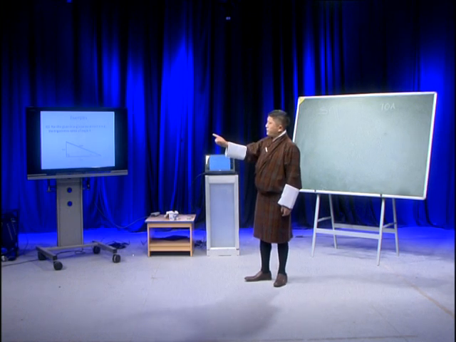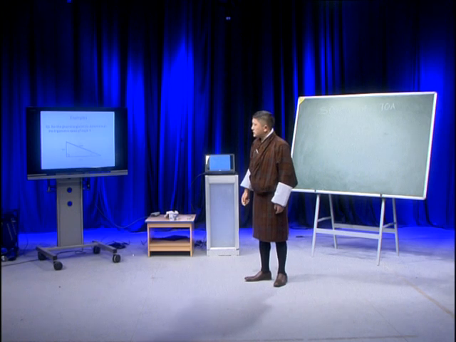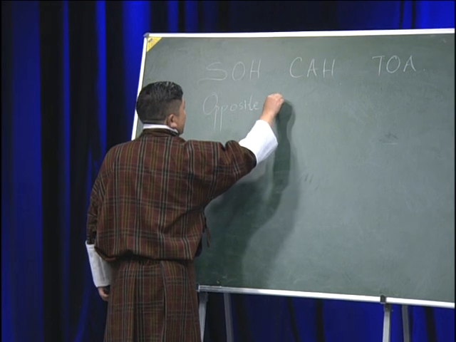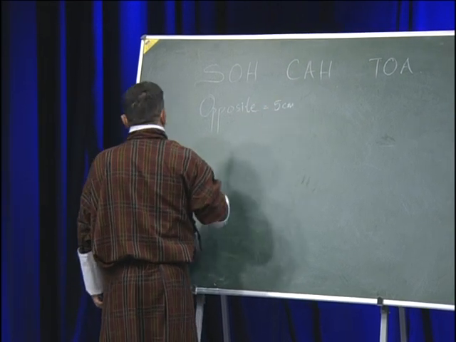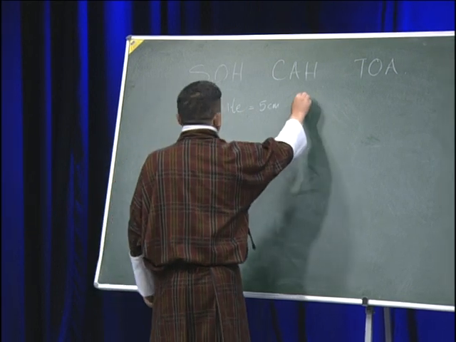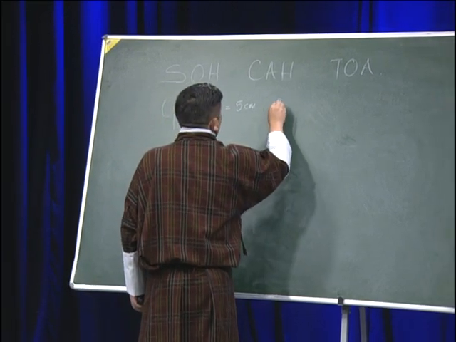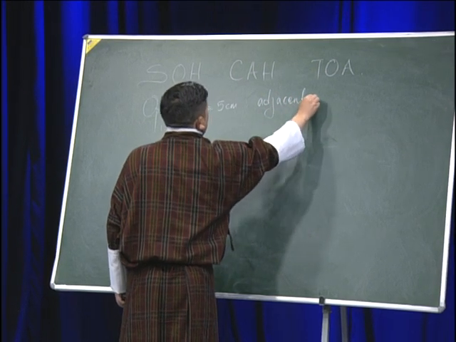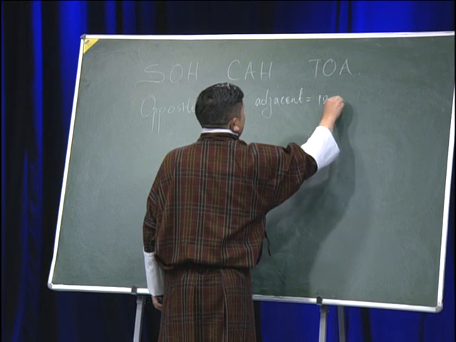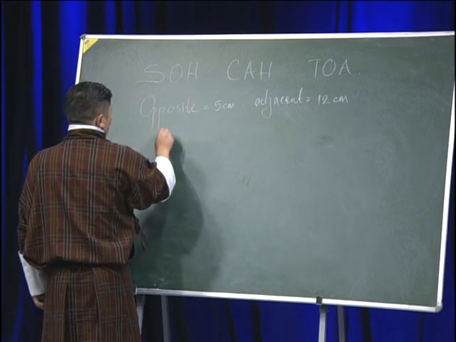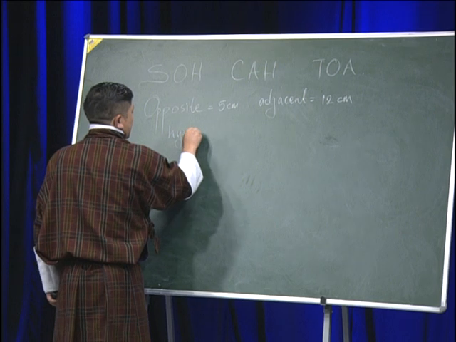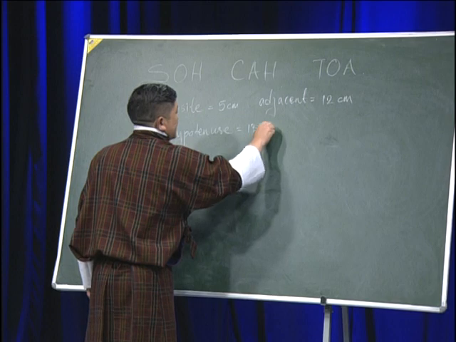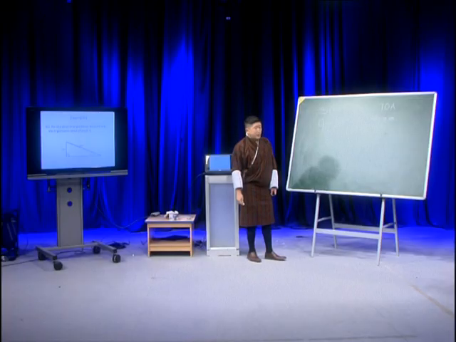Your opposite is 5 centimeter, your adjacent is 12 centimeter, and your hypotenuse is 13 centimeter. Now we got our opposite, adjacent and hypotenuse.